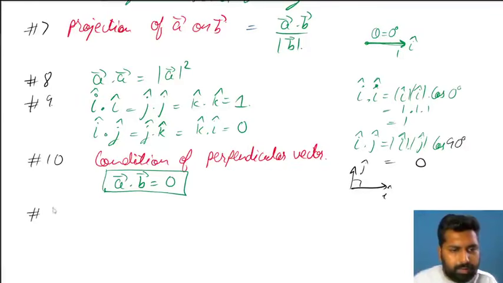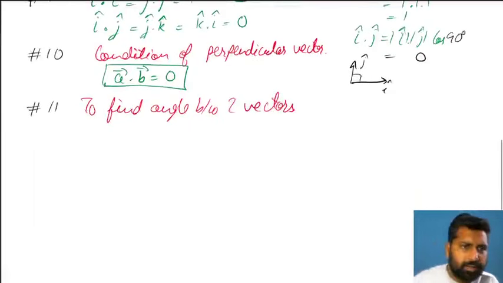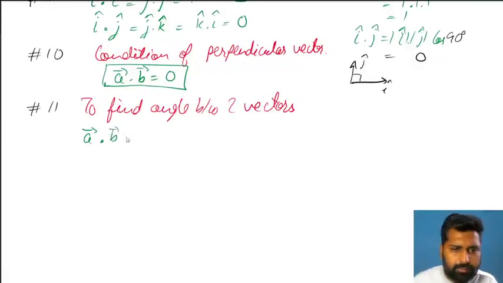We can use it to find the angle between the vectors also. How can we find the angle between two vectors? Let's say A dot B is mod A mod B cos theta.